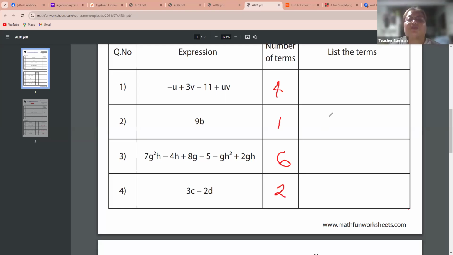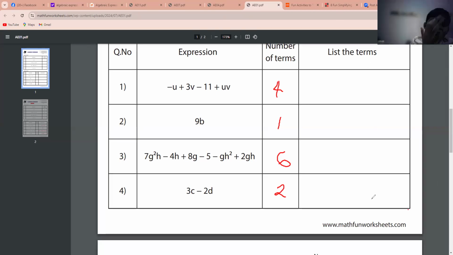Can you tell me all the terms that you can see inside the first one? I have no idea. How about the others? But you were able to count the terms, right? How come you cannot list all the terms?